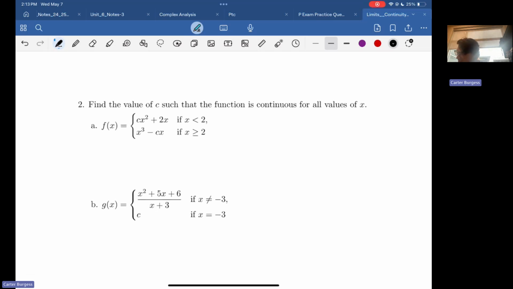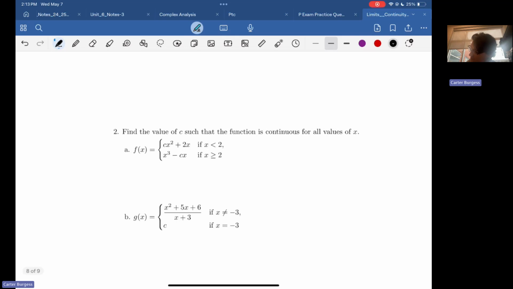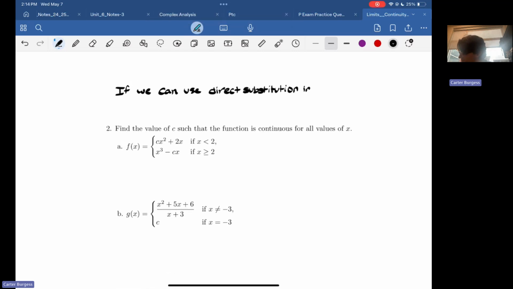One thing that I would like to note, and I mentioned this earlier, but it would be a good thing to write down in your notes: if we can use direct substitution, essentially immediately, without any kind of modifications, then the function's going to be continuous.